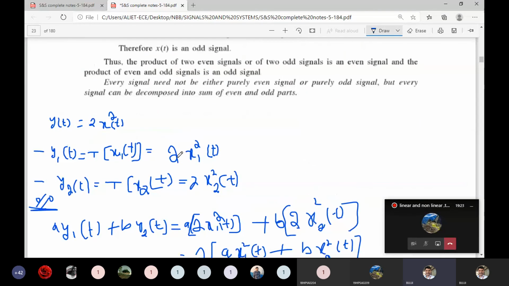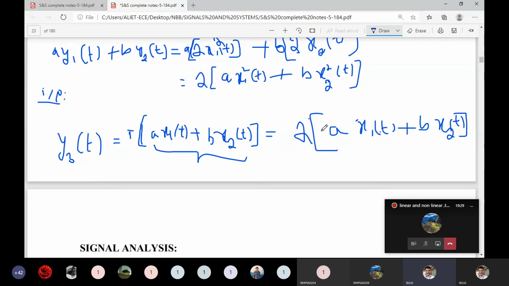That thing is 2 times x1 square, since x of t is the total function, whole square. So 2 times a x1 of t plus b x2 of t, whole square, we are getting this one only.